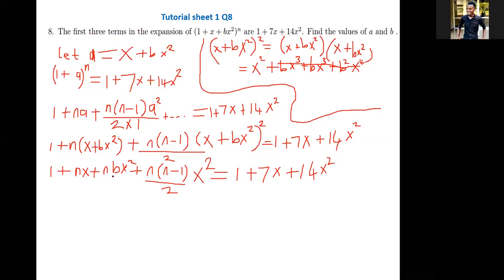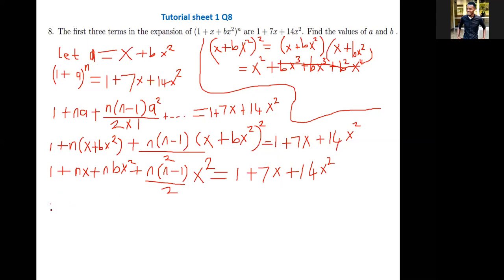So I'll start now equating the terms from the left-hand side to the right-hand side which have the same degree. The first one is equal to that one, so there's no problem with that; there is no point in writing it. We need to find n. So I'm getting the second term here and equating it to the second term there.